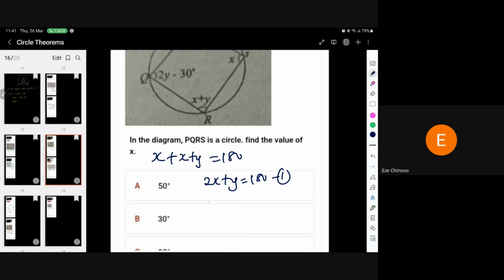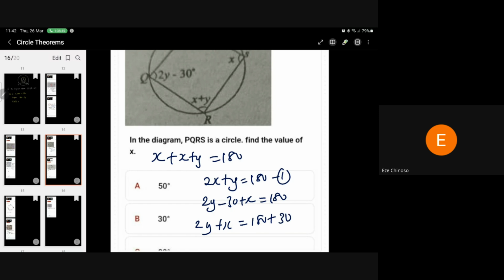This means you're going to solve simultaneous equations. X plus 2y minus 30 plus x equals 180. So now this means that 2y plus x is equal to 180 plus 30.